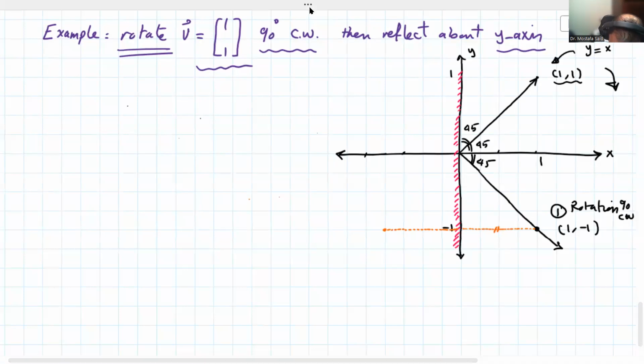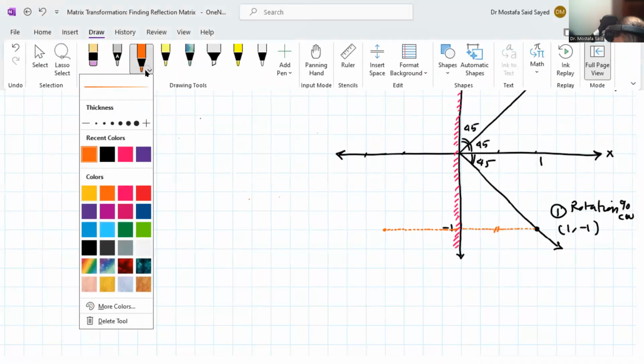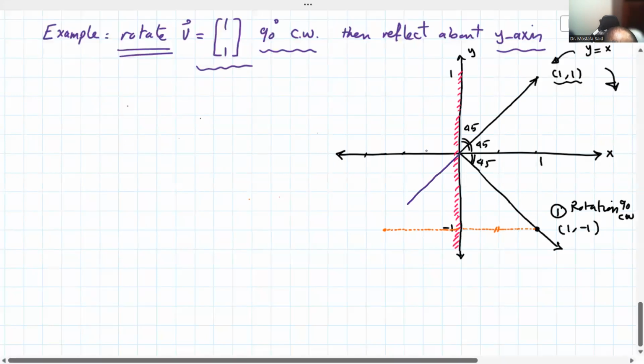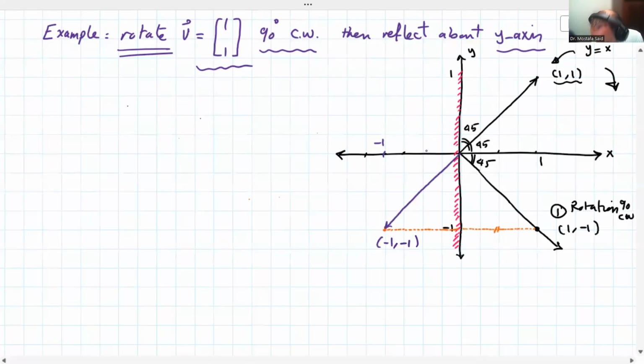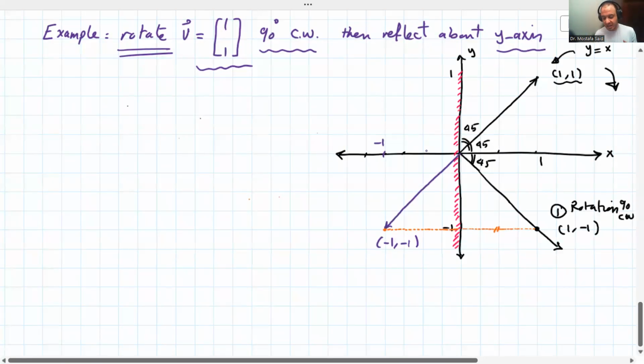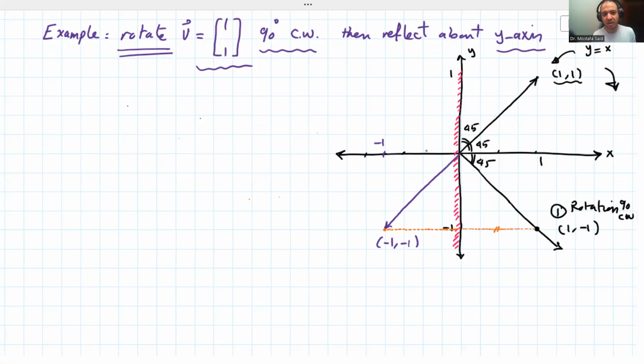Now this will be the new location of our vector. Actually, it's another extension of the same vector. This is -1 here, and this is -1. So after the rotation and the reflection, the point (1, 1) will be transferred to (-1, -1).